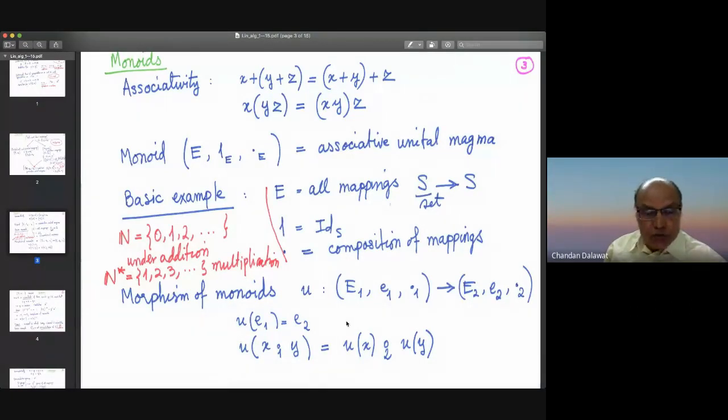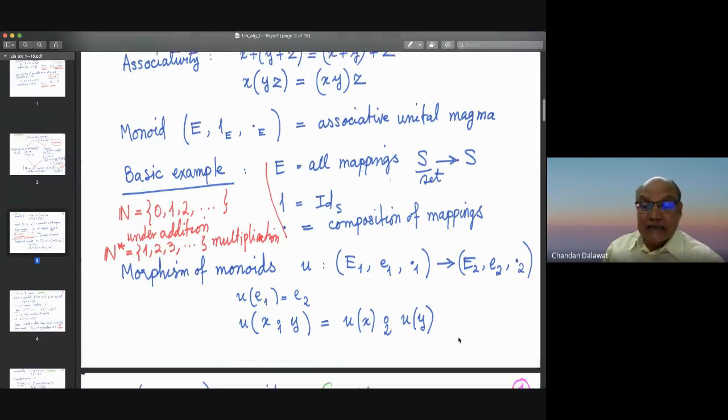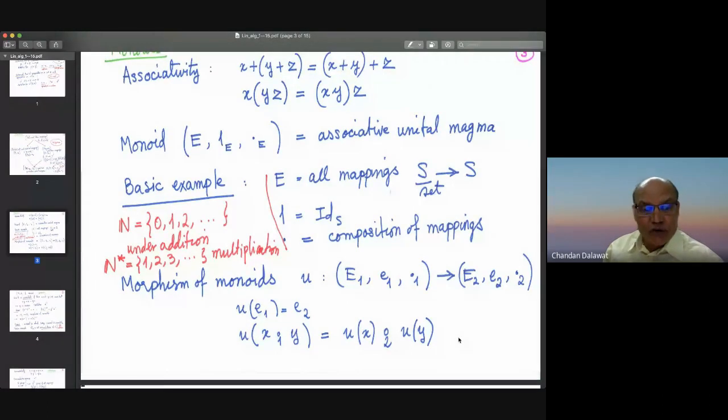It should take e1 to e2, and it should take the product of X and Y to the product of U(X) and U(Y). U of the product should be the product of the U's of X and Y, right? So that is the condition for it to be a morphism of monoids. Okay?